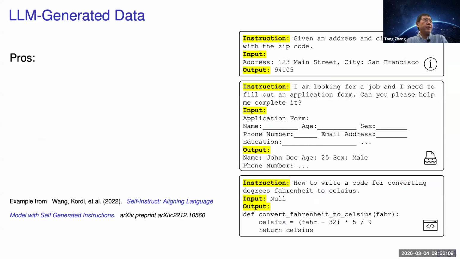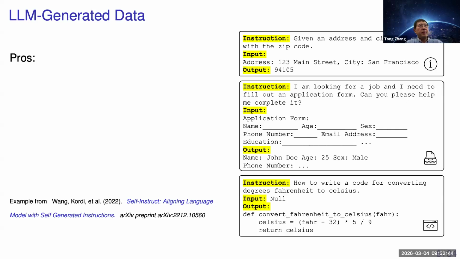So LLM generation, how does that work? Essentially, what you say is the following. You have an instruction, you come up with a zip code, and this you can call a task instruction. Then your input is something, and the output is your zip code. You give the instructions, and you can ask the LLM to generate.